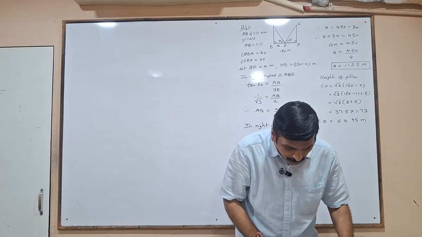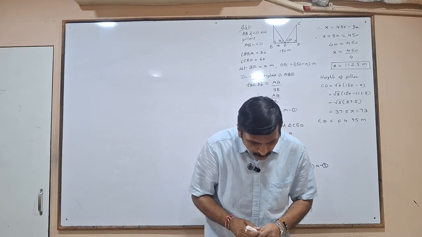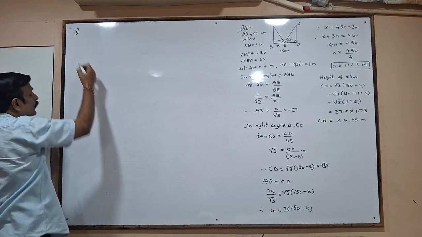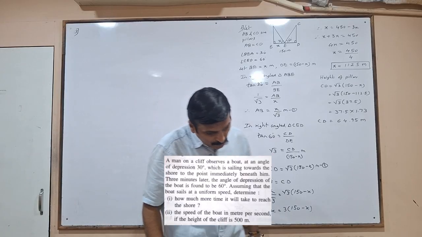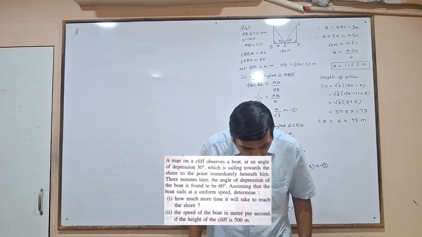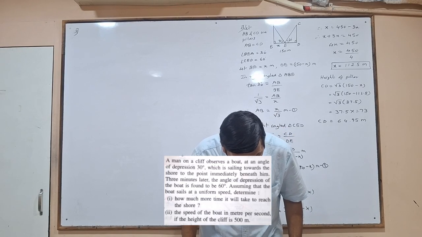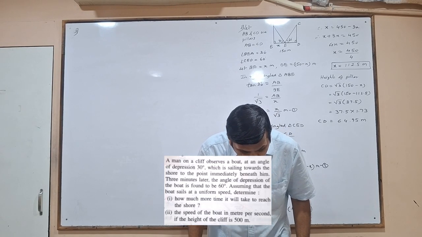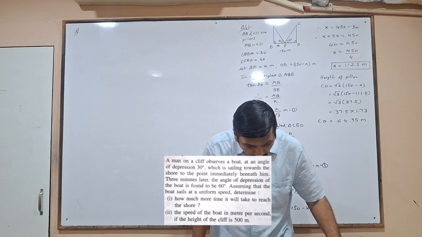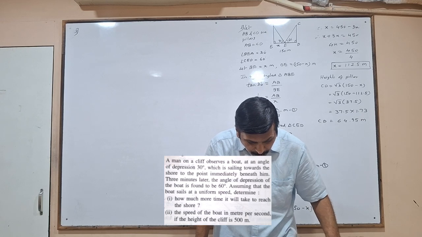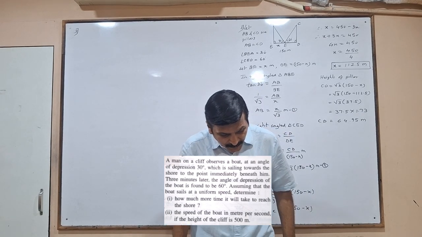Next is question number 3. The third one. Question says, a man on a cliff observes a boat at an angle of depression of 30 degree, which is sailing towards the shore at the point immediately beneath him. 3 minutes later, the angle of depression of the boat is found to be 60 degree.